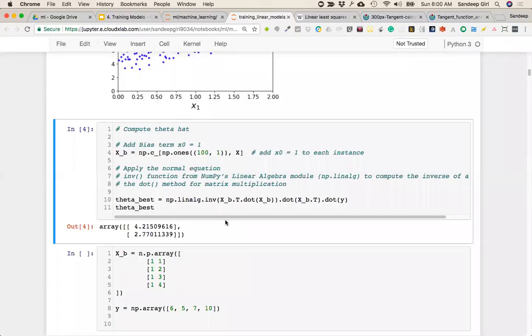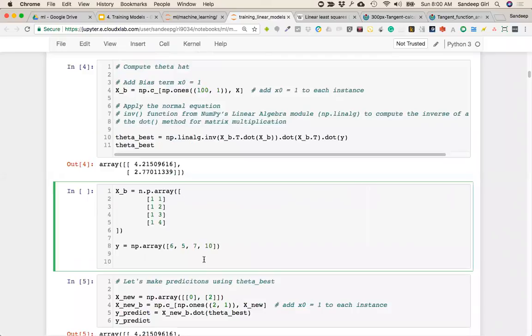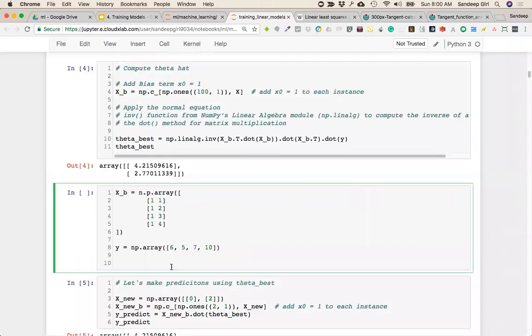All right, so I hope this is what we're doing here. That's right. Let's just see.